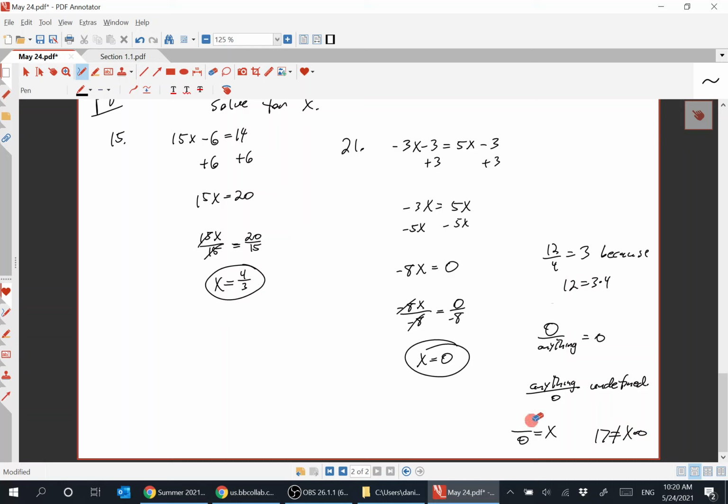The only time there might be something to say is when you have 0 over 0, but we're not going to deal with that. So you can divide 0, you can divide nothing evenly. Each part is nothing. But you can't divide into nothing.